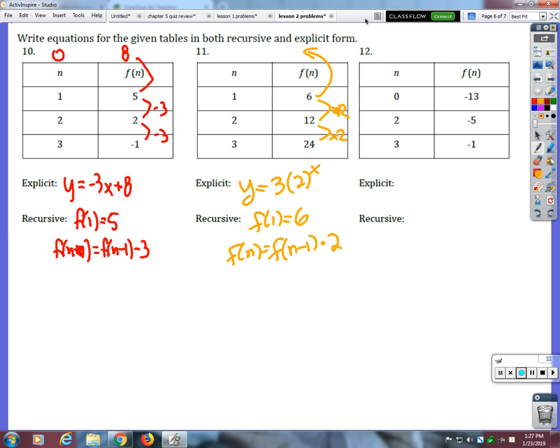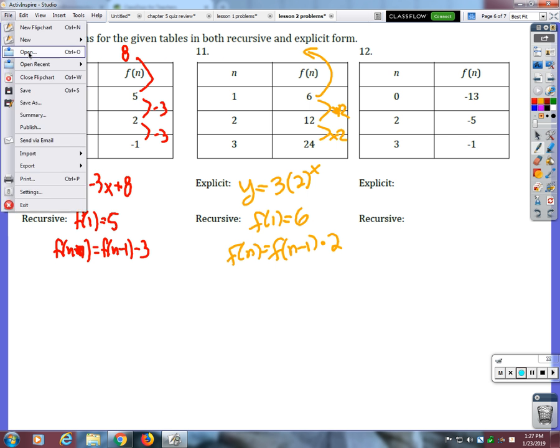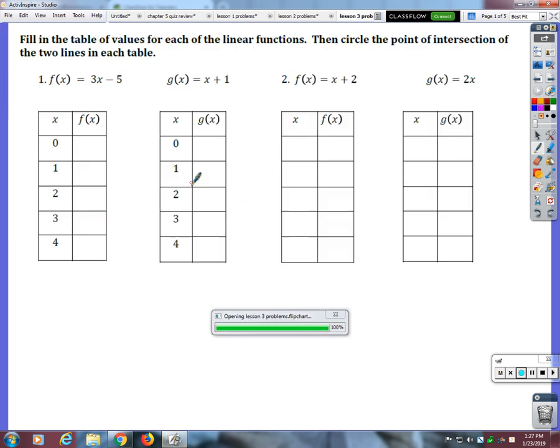All right, so let's go to the problems again and see if there's some good stuff in there. So now we're given the function, and we have to fill in the table. Okay? And I love that circle the point of intersection situation there.